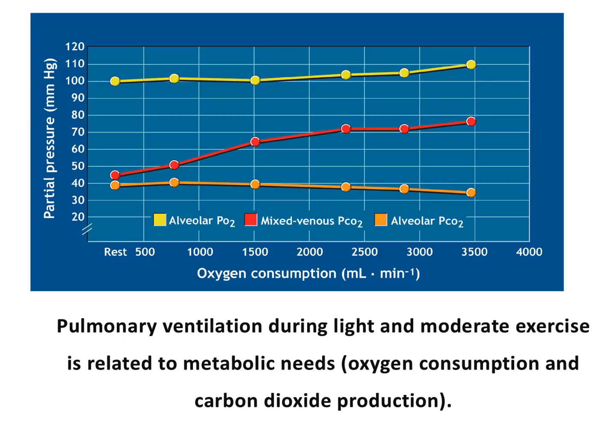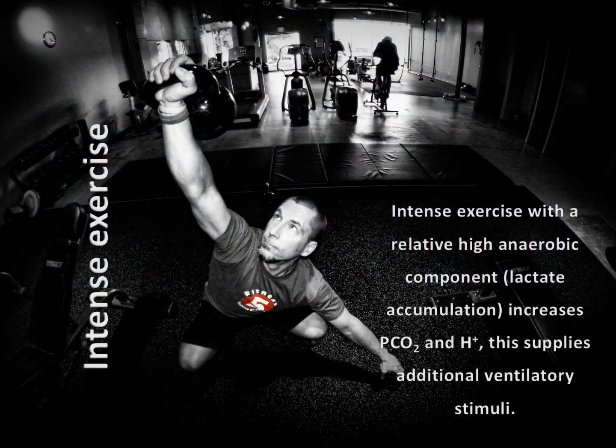Pulmonary ventilation is directly proportional to the metabolic demands of the body. One does not expect anaerobic exercises to cause an increase in ventilation, but it does. Why? Anaerobic exercises increase carbon dioxide and hydrogen accumulation, and this provides a ventilatory stimulus.